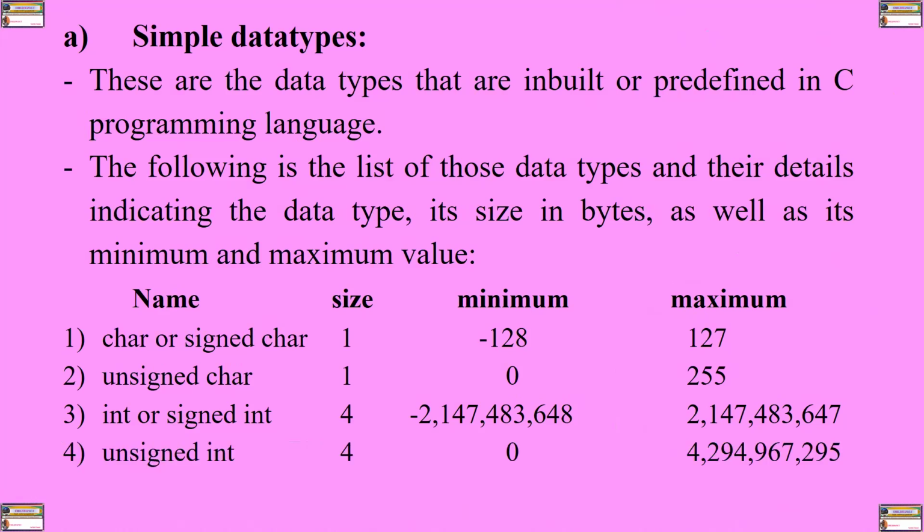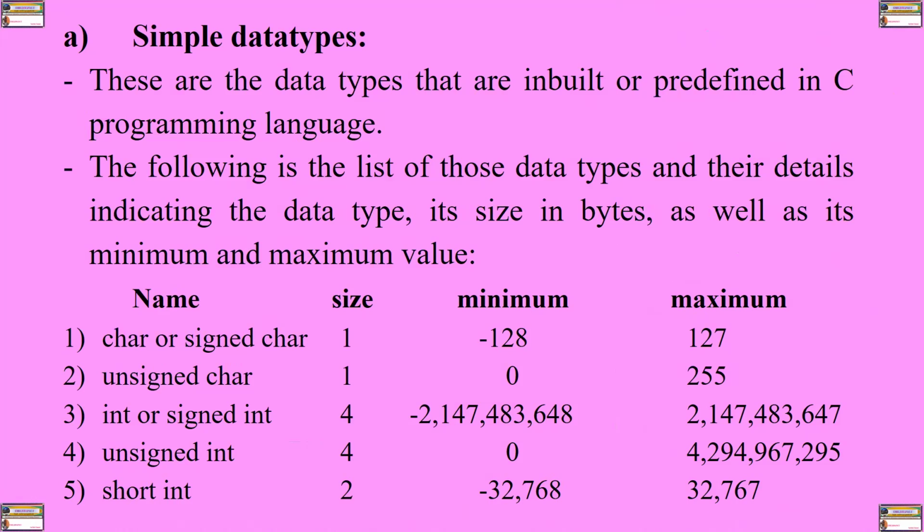So if you want to accommodate negative numbers, between int and unsigned int, the best one is int, because it will allow you to have negative values. But if you use unsigned int, it will only accommodate numbers between 0 and 4 billion, 294 million, 967,295.